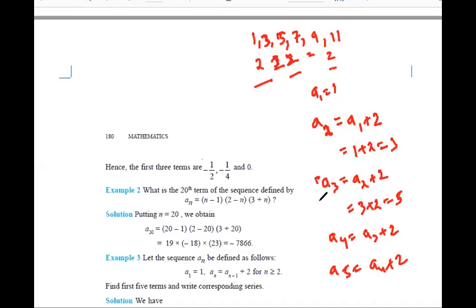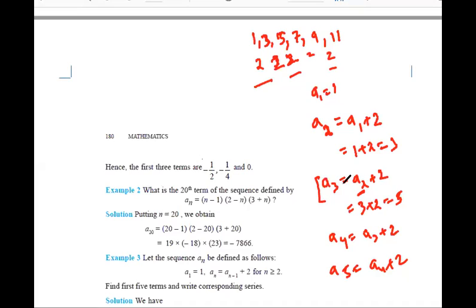See, A3 is what? A3 will be equal to A2 plus 2, because it is the relationship, AN is equal to AN minus 1 plus 2. Got it, Prahlad? Yes, Darshan, correct. Very good. What is A2?